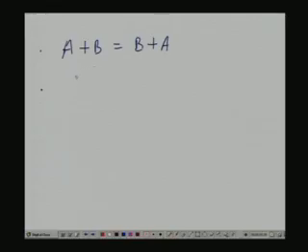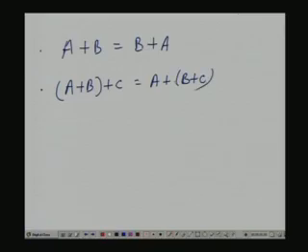The other thing is, again, no need to draw a Venn diagram for this. This can be easily inferred from common sense. You are taking a bigger set where all elements of A and B are present, including the overlap.